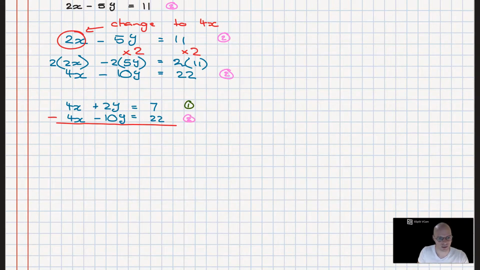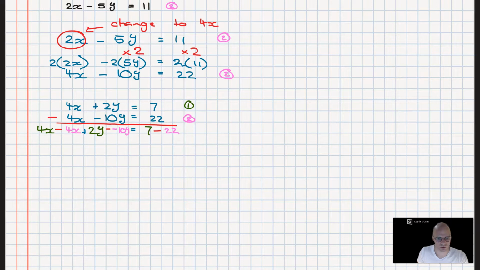Writing this out, we're going to get 4x plus 2y equals 7, and we're subtracting 4x minus 10y equals 22.